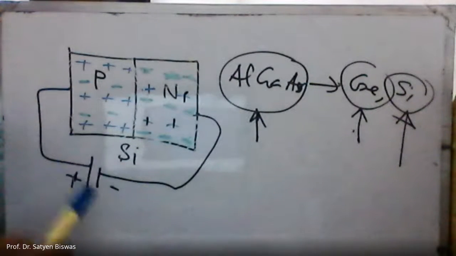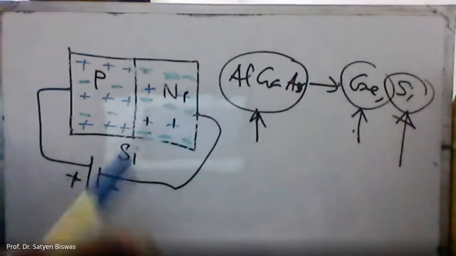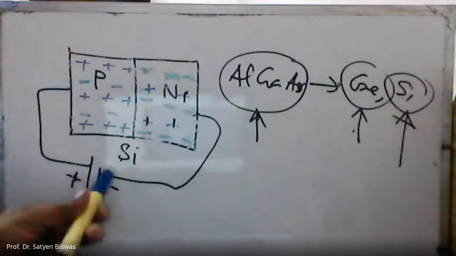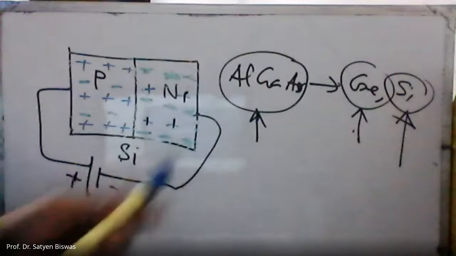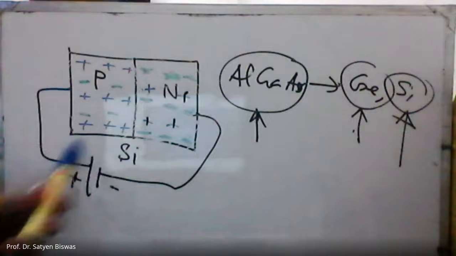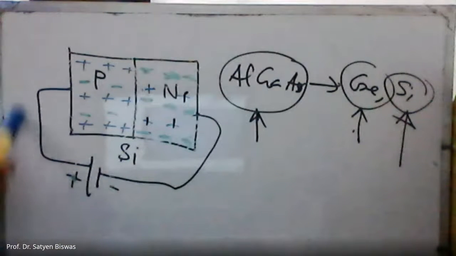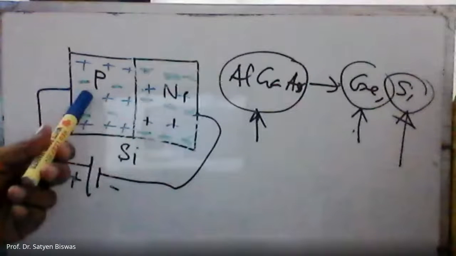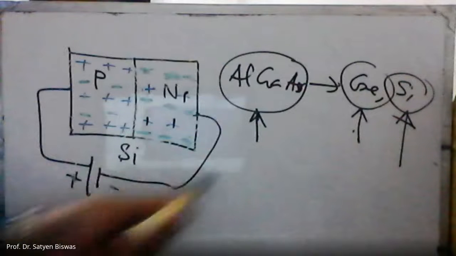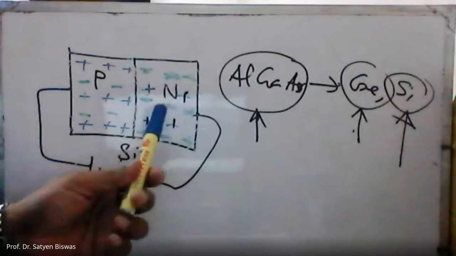The positive voltage will apply some force on these free holes, and the negative terminal will apply some force on the electrons.